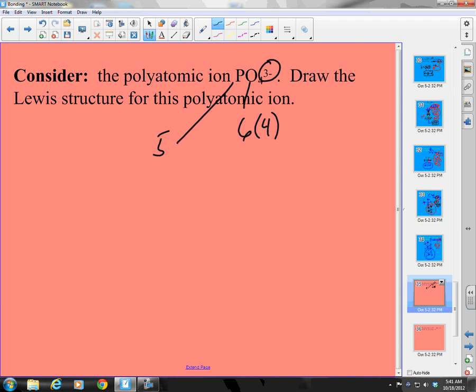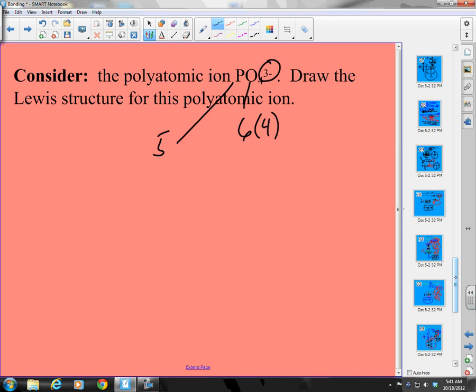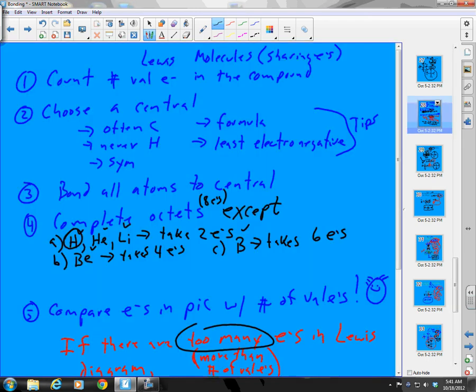Okay, so let's go back to our notes here on Lewis structures. We have to make a little addendum here under number 1. Count valence electrons in compound.